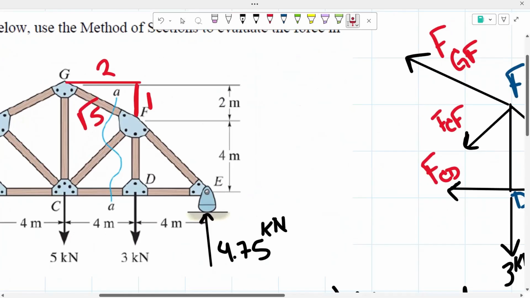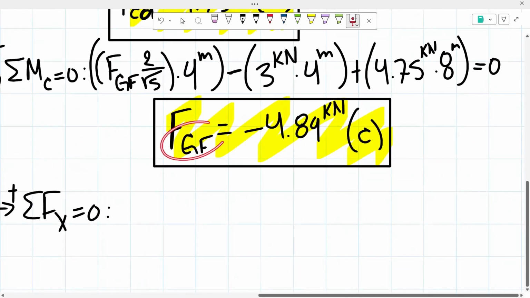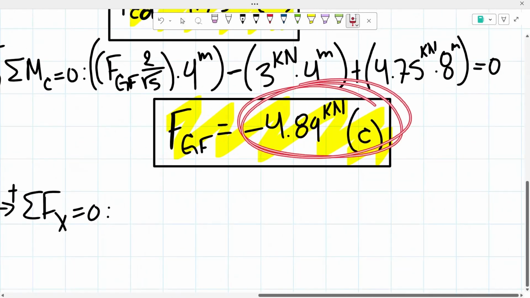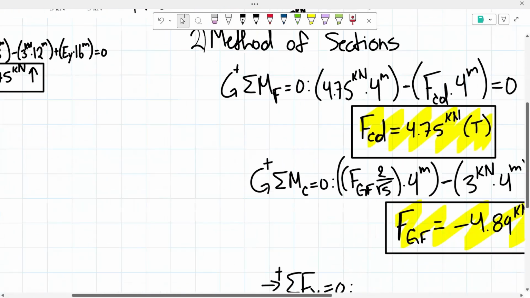Remember, we're taking the sum of the forces in the x direction, so horizontal forces. We already determined the value of our bar GF, but remember, this is the value at an angle. We're trying to deal with the horizontal component of it. So to deal with the horizontal component, what are we going to do?